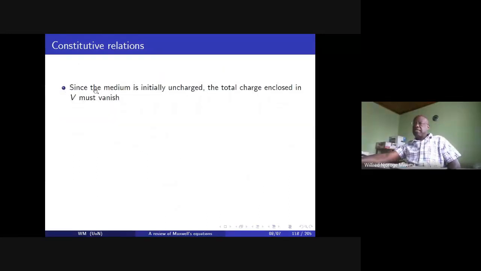And therefore, since the material or the medium is initially uncharged, the total charge enclosed in the volume must be equal to 0. If we take the integrals of the bound charges, that is, the surface bound charge and the volume bound charge, this must always be equal to 0 to show that the material is uncharged. We started with a neutral material and applied an electric field across the material.